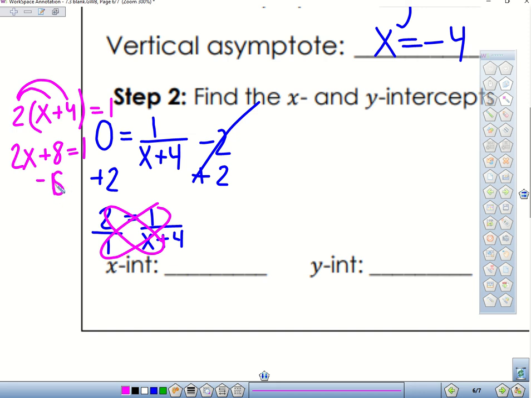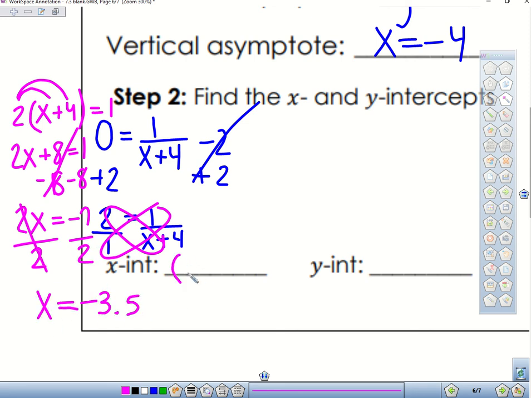Solve. So x is equal to negative 3.5. So my x-intercept is at negative 3.5, 0, which makes sense because that's what we found on our graph as well, right? What I showed you when we did the graphing software.